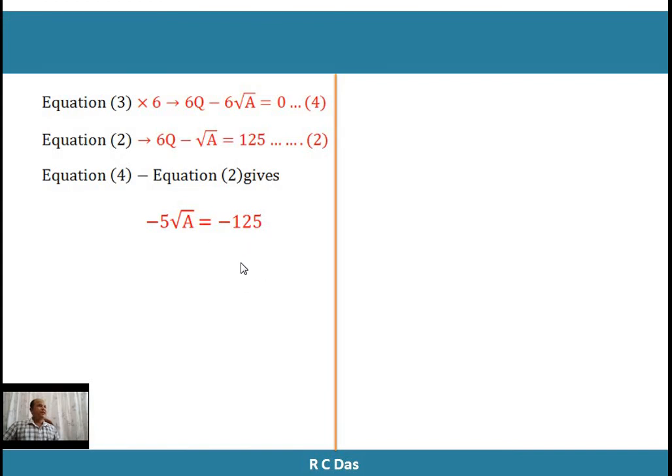That is, 6q will cancel, so 6 root a minus root a is equal to 5 root a, that is minus 5 root a, and it is minus 125. That is, root a is equal to 25. So a is equal to 625.